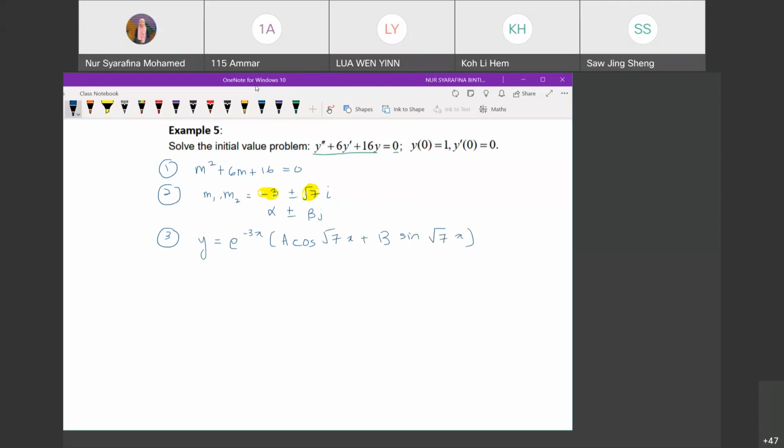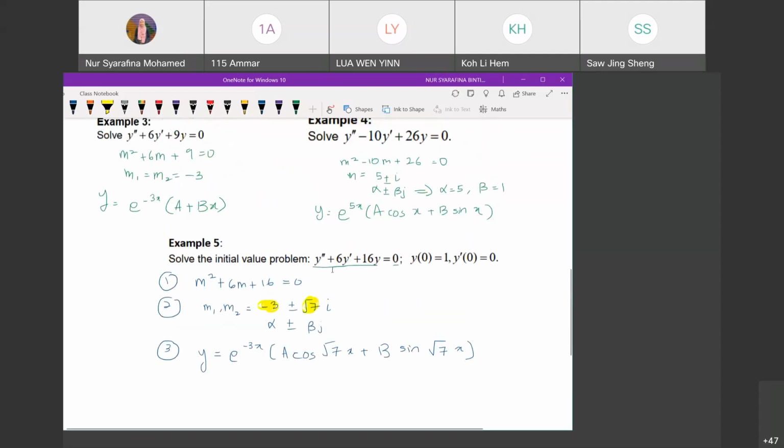Okay, so we have done up until this part. In our previous examples, we just wanted to find the general solution of the differential equation.